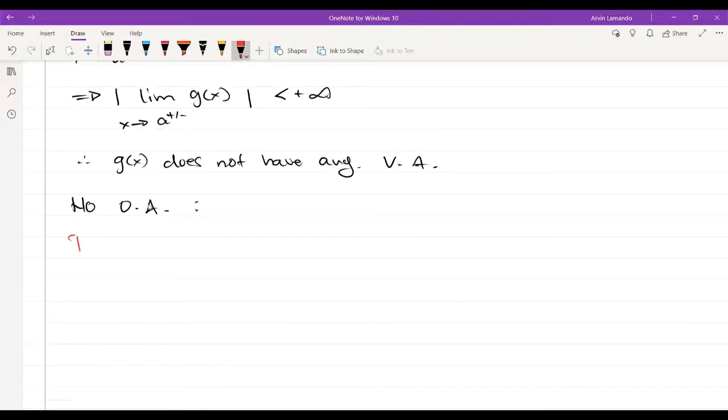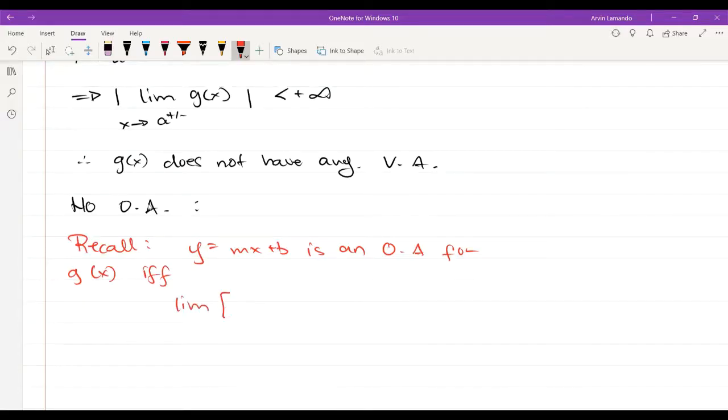So let us recall that y equals mx plus b is an oblique asymptote for g if and only if the limit of g of x minus (mx plus b) as x approaches positive or negative infinity is 0.